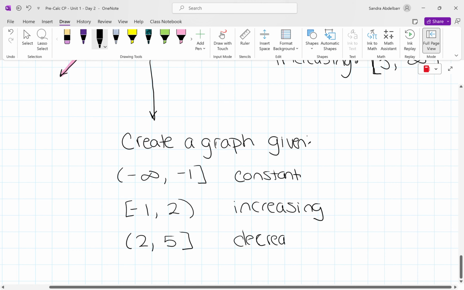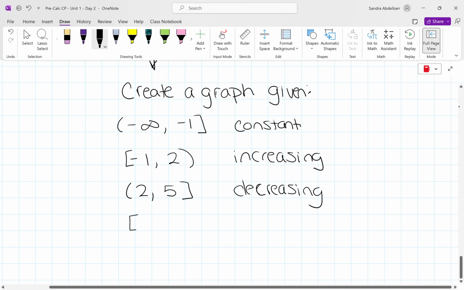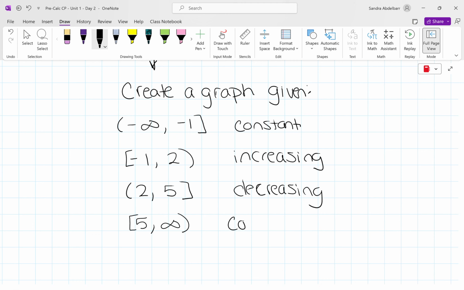Parenthesis on 2, square bracket on 5, is decreasing. And square bracket on 5 to infinity is constant.